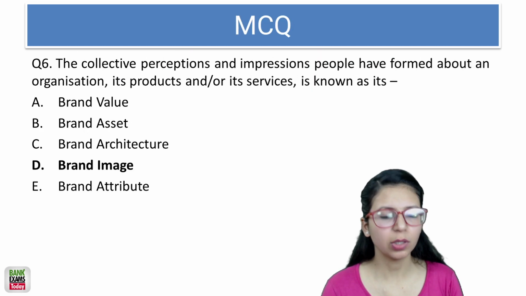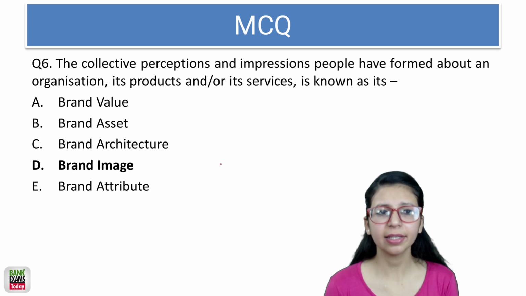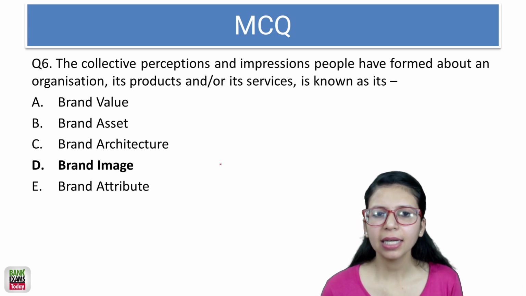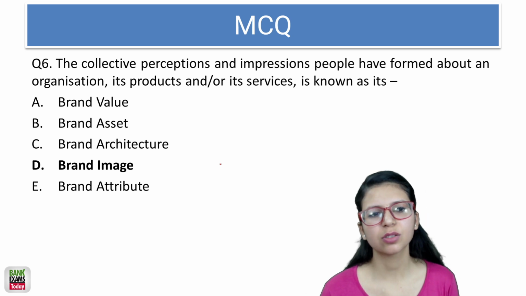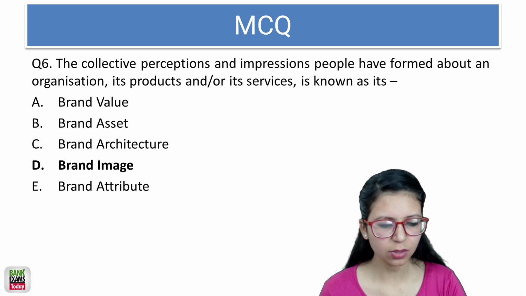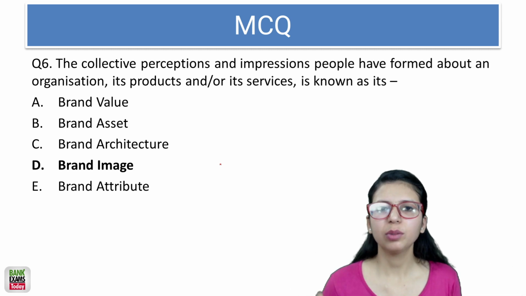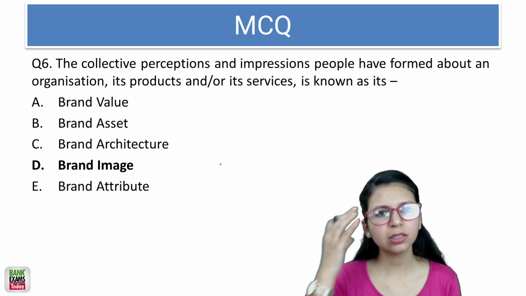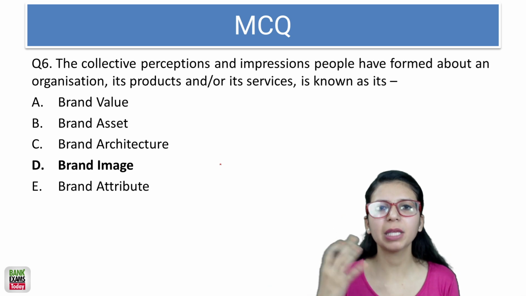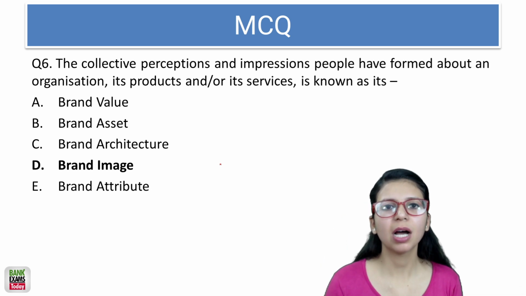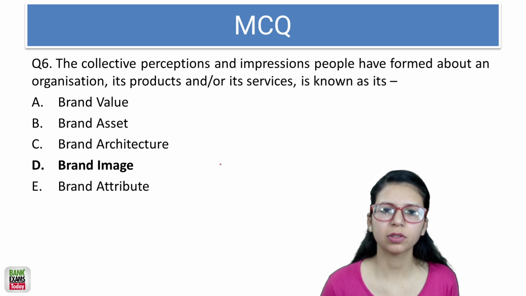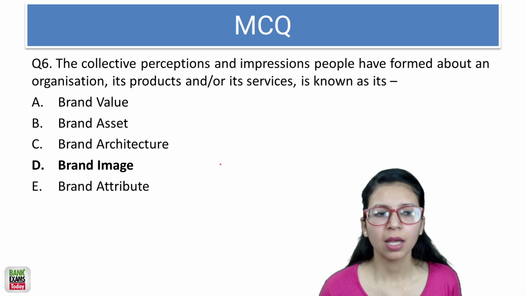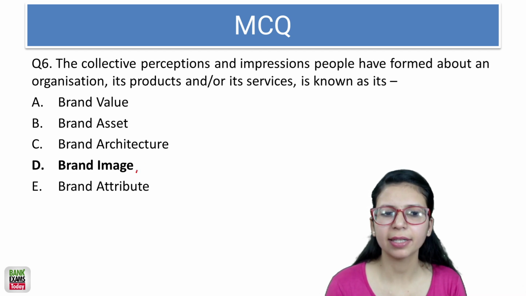And okay, let's move on to the next question, which is: the collective perception and impression people have formed about an organization, its products, or its services is known as what? So let me tell you that whatever the perception or the impression that the customers in the market have about a particular product or service of a brand, that is what is called brand image.